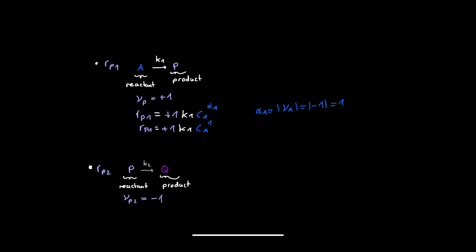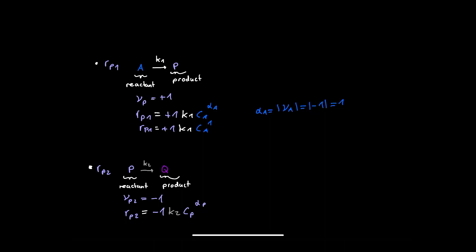So the reaction rate Rp2 will result in the stoichiometric coefficient of the species P, which is -1 for this reaction, times the rate constant K2, times the concentration of our reactant, which in this case is our species P, elevated to alpha P. Again, we can assume an elementary reaction here.